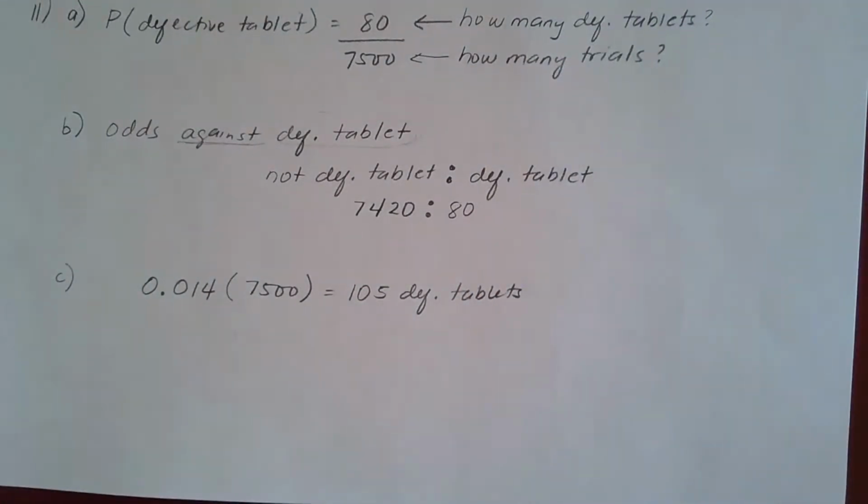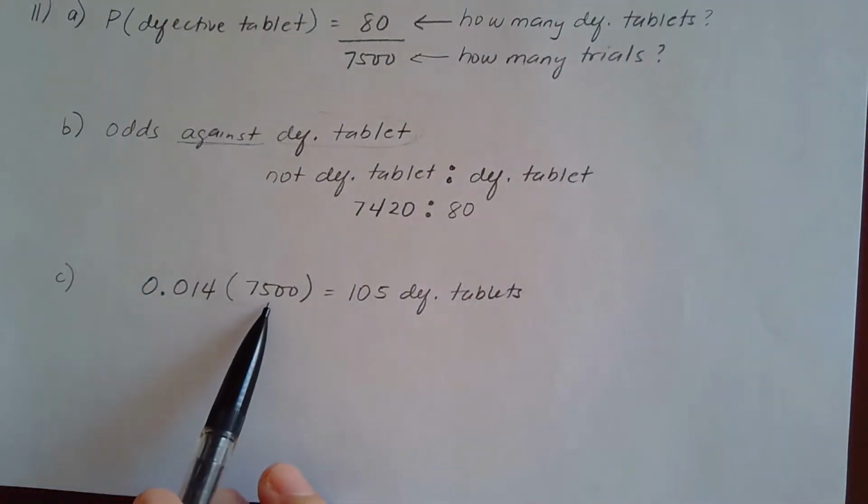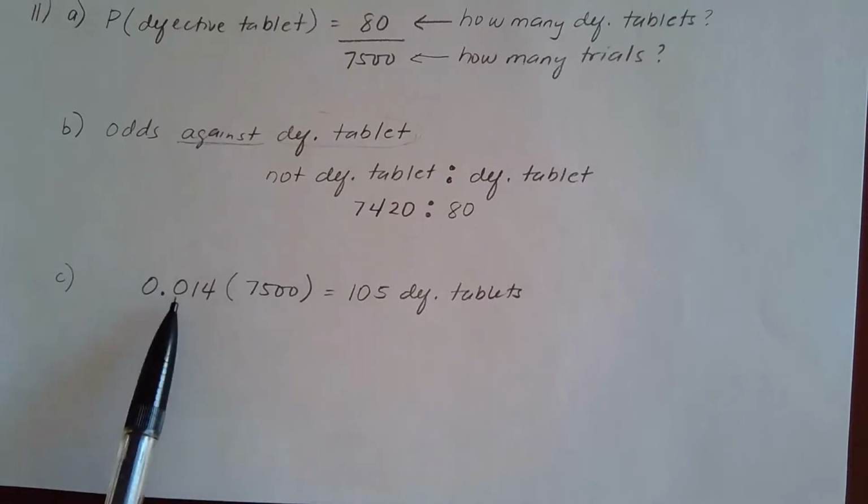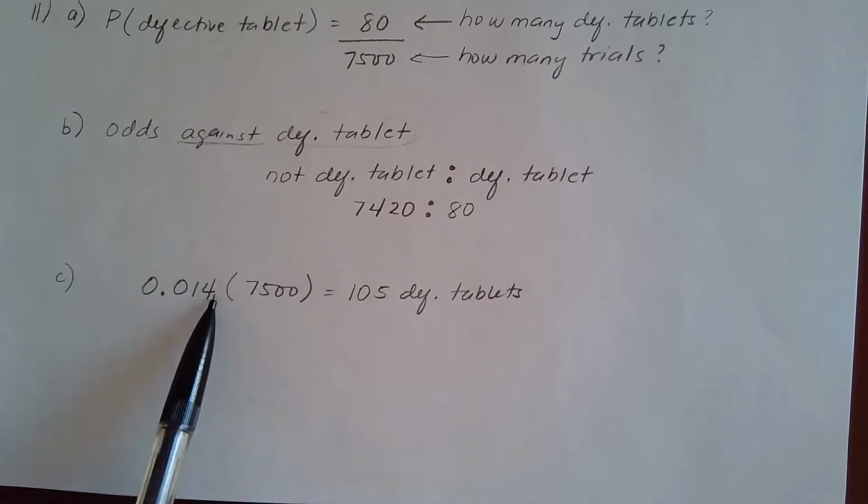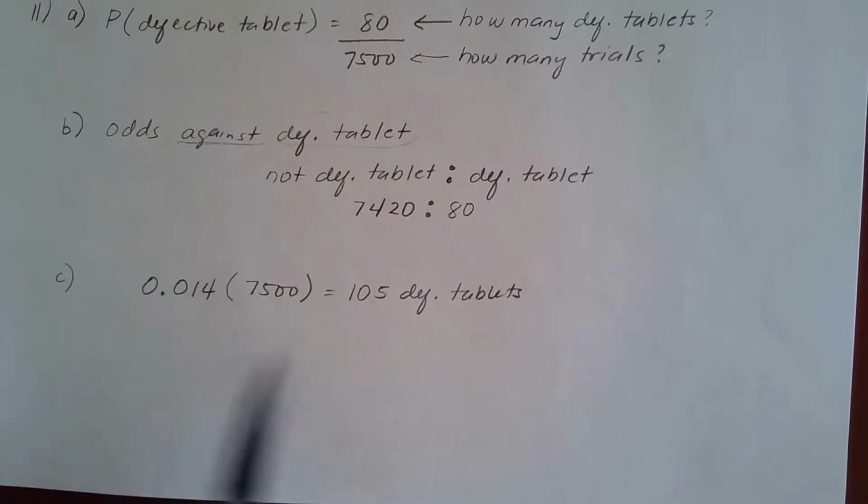Because in theory, this is the probability, there should be 105 defective tablets.